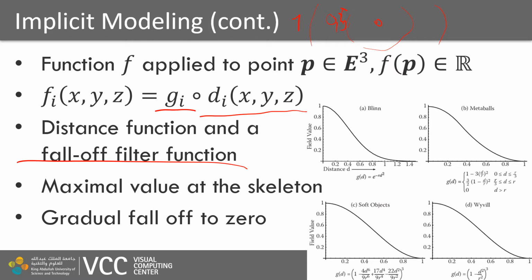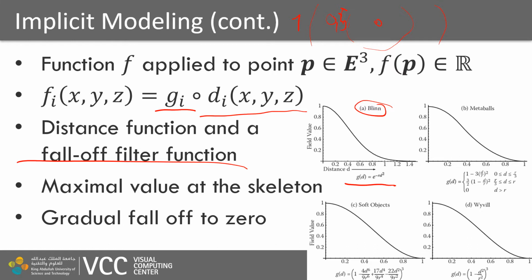We will see it in an illumination, or we can have more smooth functions. Jim Blinn, who has somehow introduced implicit representation to graphics, has been using the kernel falloff filter function, which was just an exponential function, a Gaussian function, which was then defining based on a particular distance.